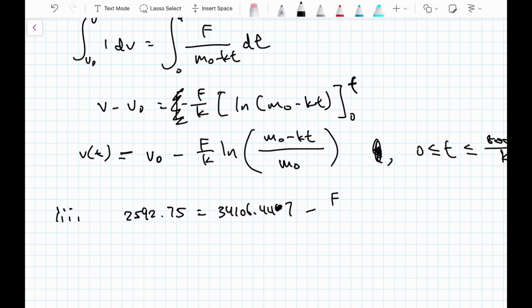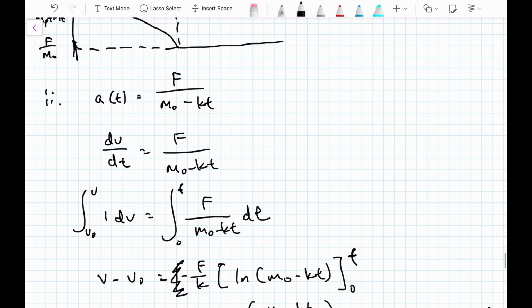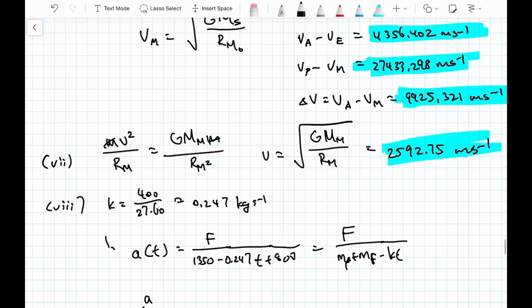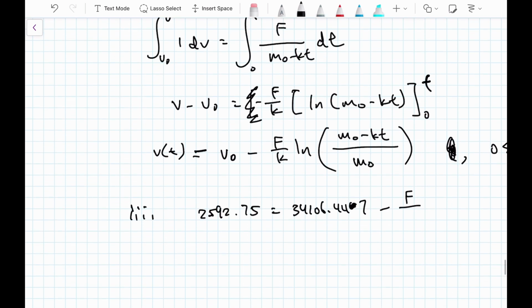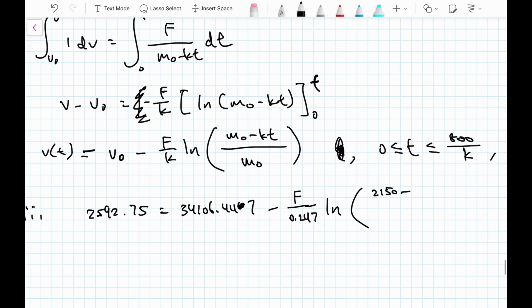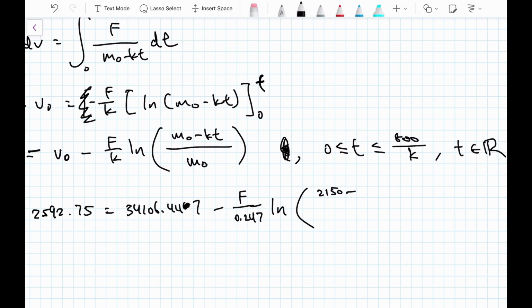So f is unknown, we want to calculate that. K we calculated earlier, that is 0.247, and then ln of this thing. MO is just 1350 plus 800, which is 2150, minus KT. When all the foil is expended, we get 800.